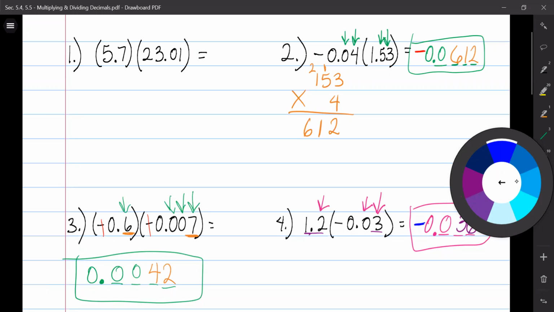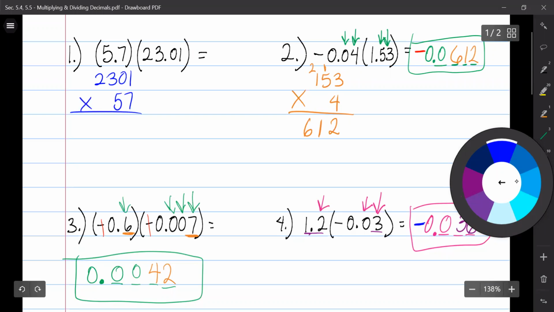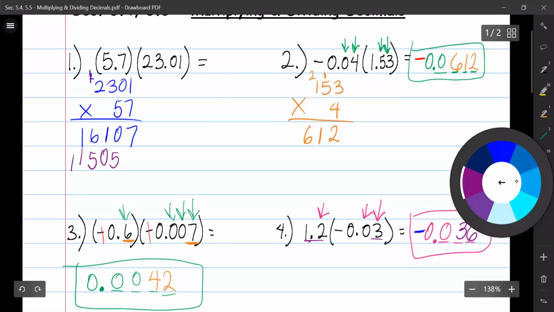Okay, and then let me do 2301 times 57. So 7 times 1 is 7, 7 times 0 is 0, 7 times 3 is 21. Write down the 1, carry the 2. 7 times 2 is 14, 15 is 16. And then 5 times 1 is 5, 5 times 0 is 0, 5 times 3 is 15. Carry the 1. And 5 times 2 is 10, plus 1 is 11.